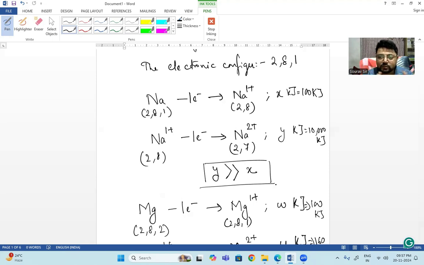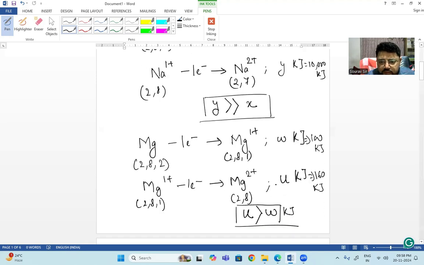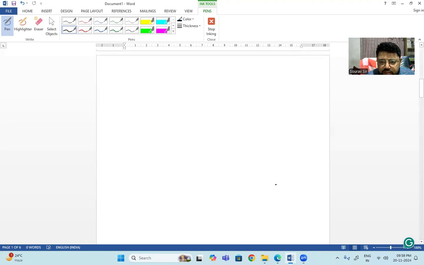These two things can be predicted from the ionization energy values. The exact period number may not be identified in that manner, but you can have a guess. So this is what ionization energy actually means.